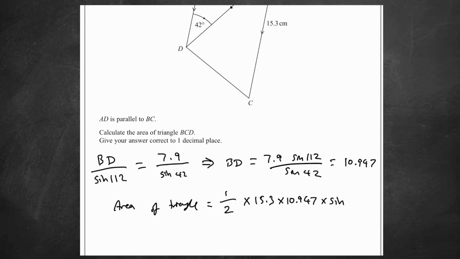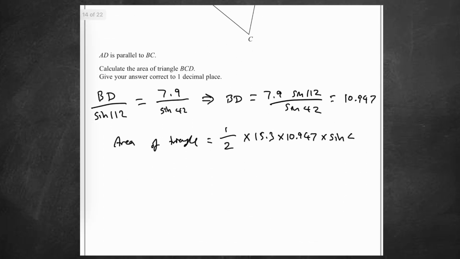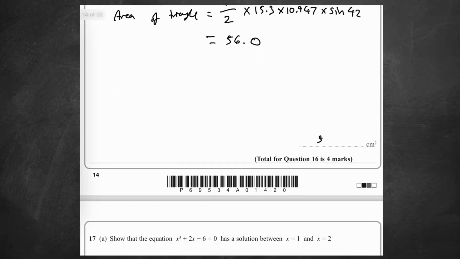Now, because these are parallel lines, we know that this angle here is the same as this angle here and is 42 degrees. Therefore, we can put sine 42 into our equation, and I'm going to do all this on my calculator. So 0.5 times 15.3 times 10.947 times sine 42 gives me a grand total of 56.0. And that will be my answer, centimetres squared.